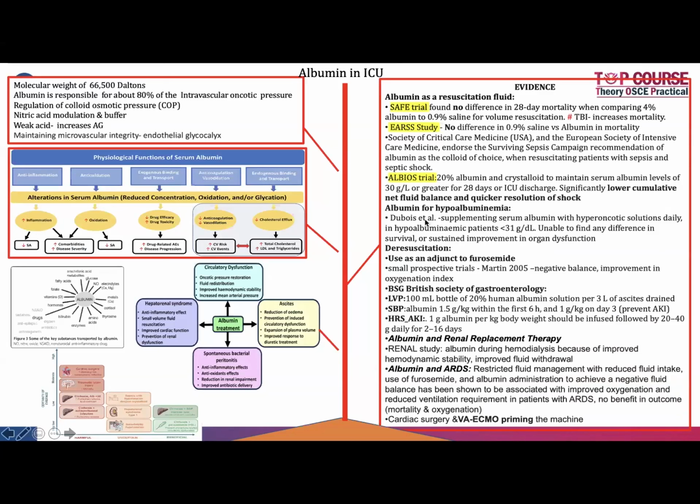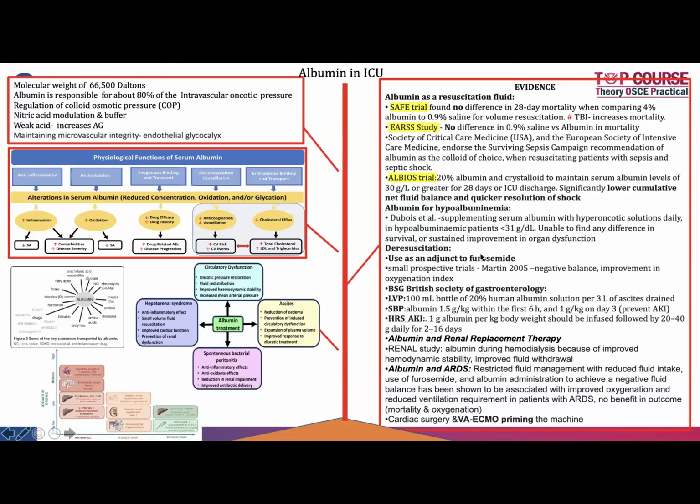So where does this evidence come from? This is from the Dubois et al. trial. This study supplemented serum albumin daily in hypoalbuminemic patients, and they did not find any improvement in survival or sustained improvement in organ dysfunction. So this study you need to remember.